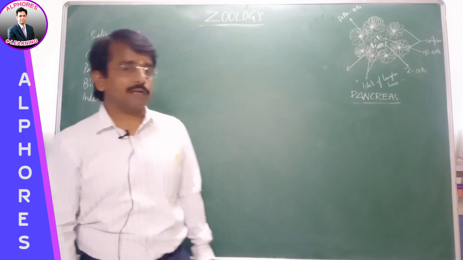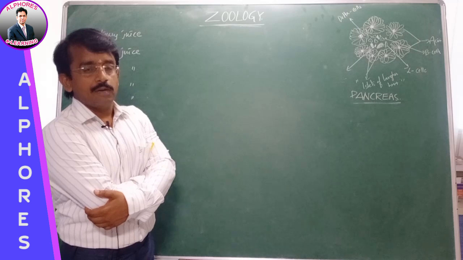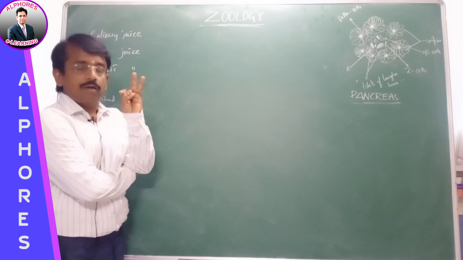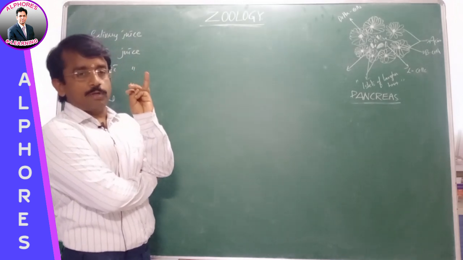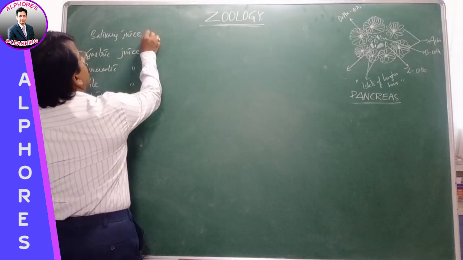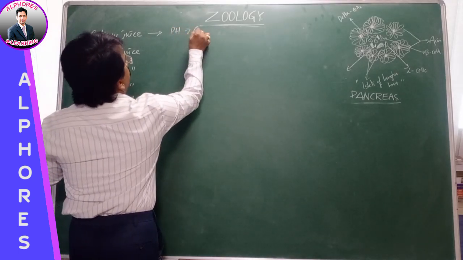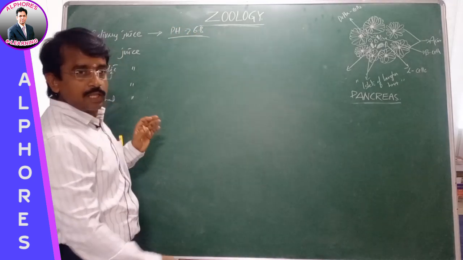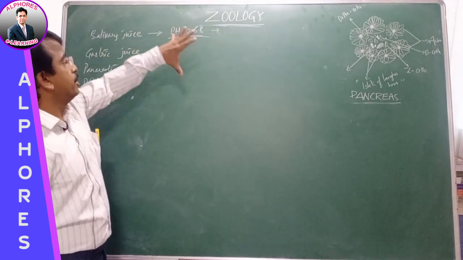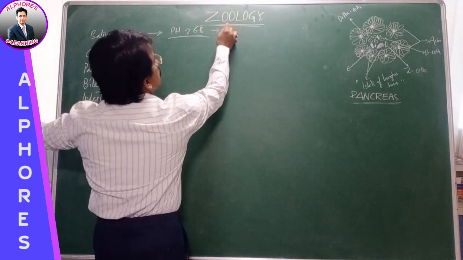We have discussed that 4 pairs of salivary glands are present among mammals, but in human beings there are 3 pairs of salivary glands: parotid, submandibular or submaxillary, and sublingual. The salivary juice is slightly acidic, with a pH value of 6.8.